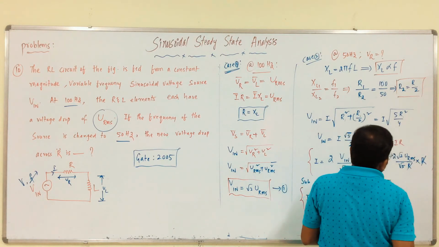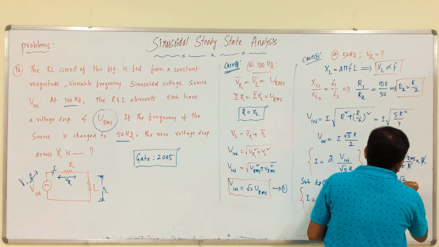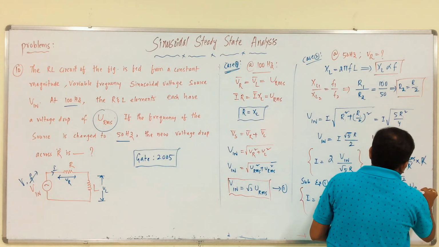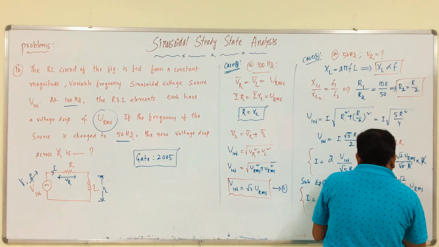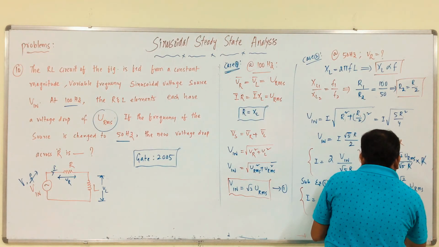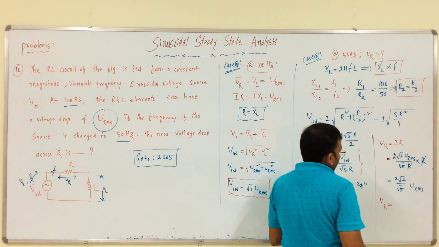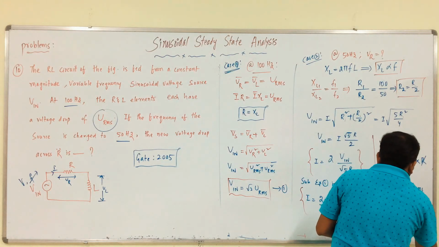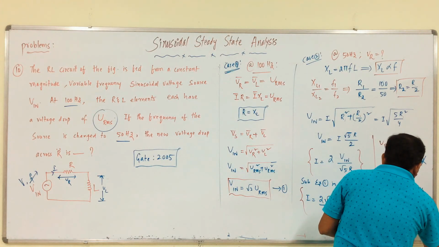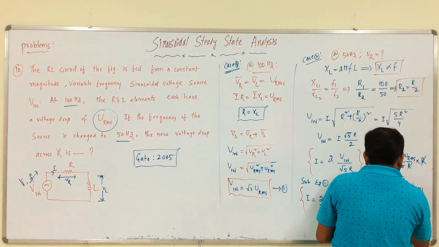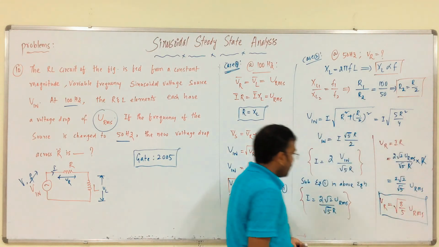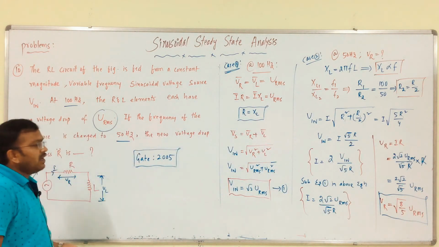From this, 2 root 2 by root 5 URMS. Therefore, this is the answer: the voltage drop across R is root 8 by 5 URMS.